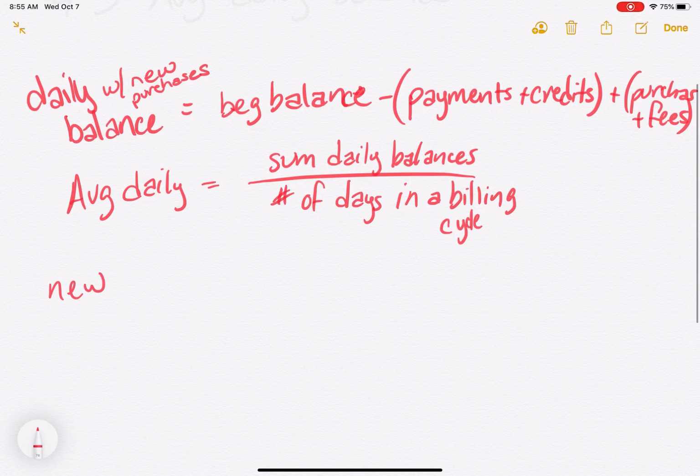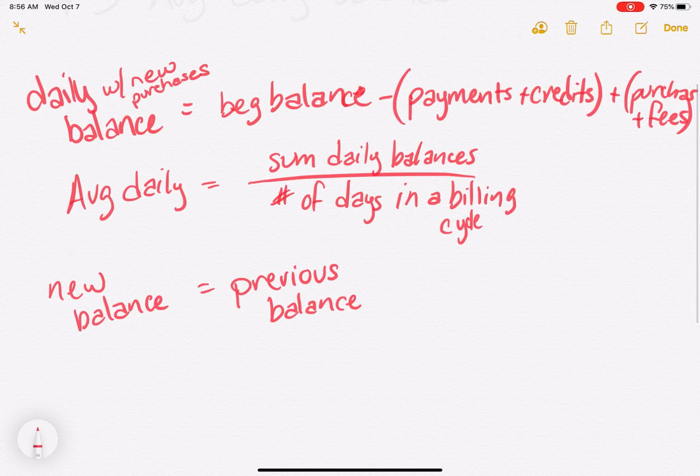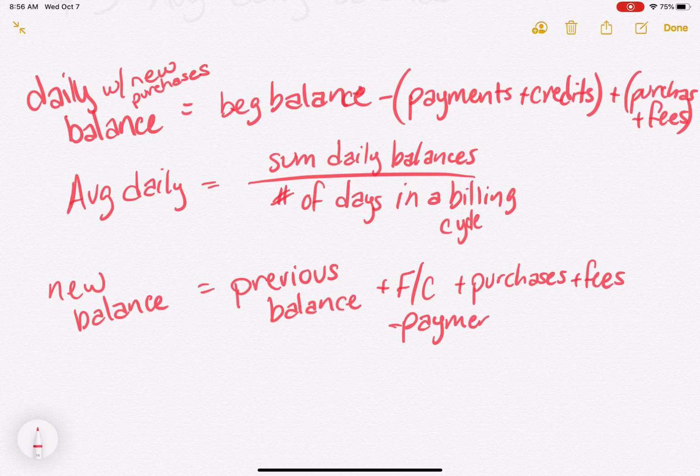New balance equals the previous balance carried over plus the finance charge, purchases, fees, minus all of our payments, then minus any credits we had.